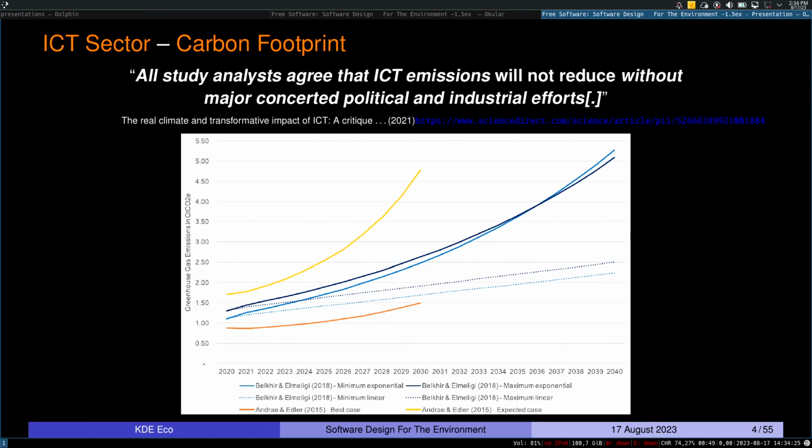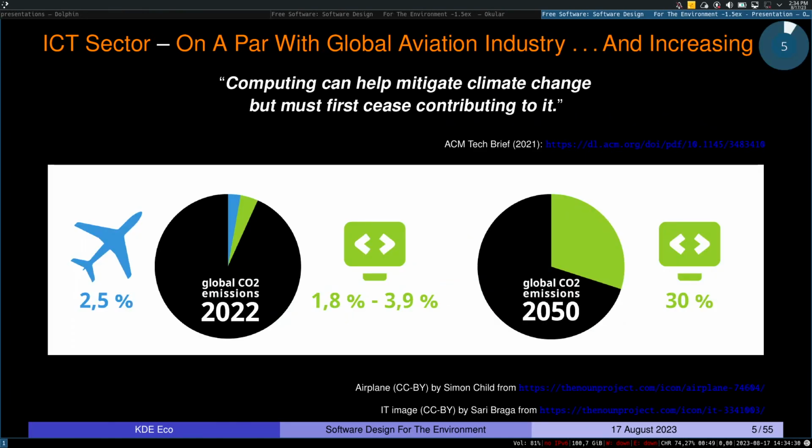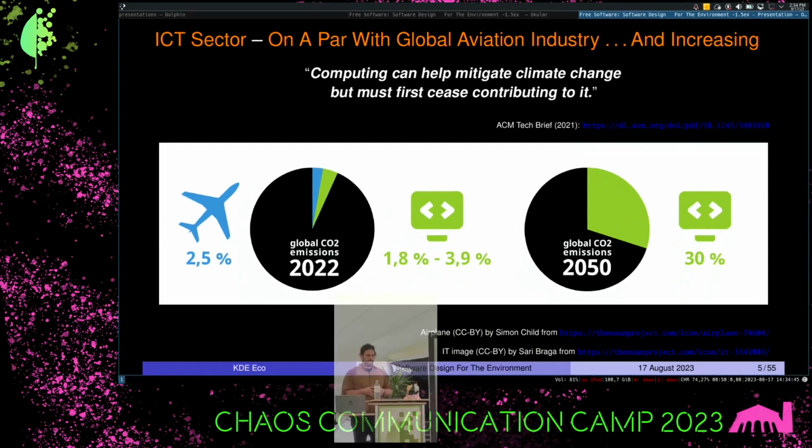However, they're all growing. And if you try to average over what all of the studies seem to show, it appears that the ICT sector contributes between 2 and 4% of CO2 emissions globally. To put that into perspective, that's roughly the equivalent of the global aviation industry, which is estimated around 2.5%.